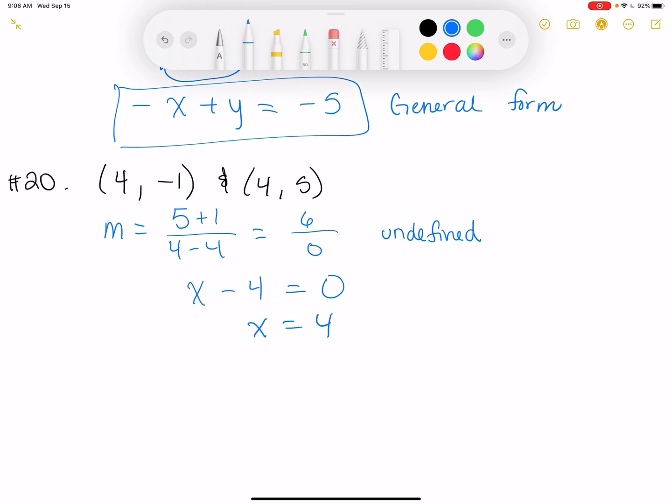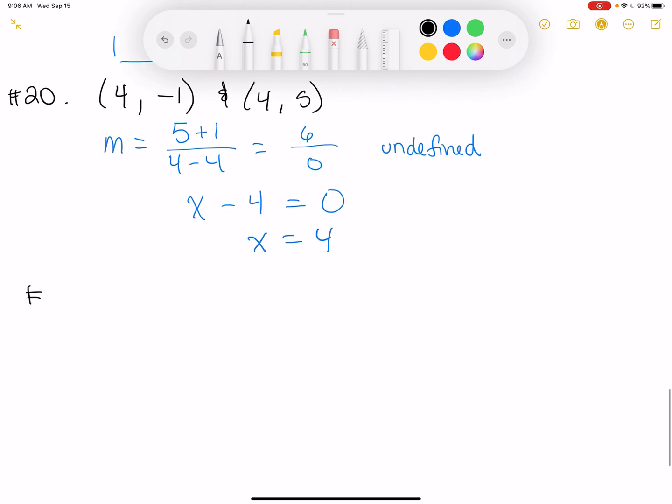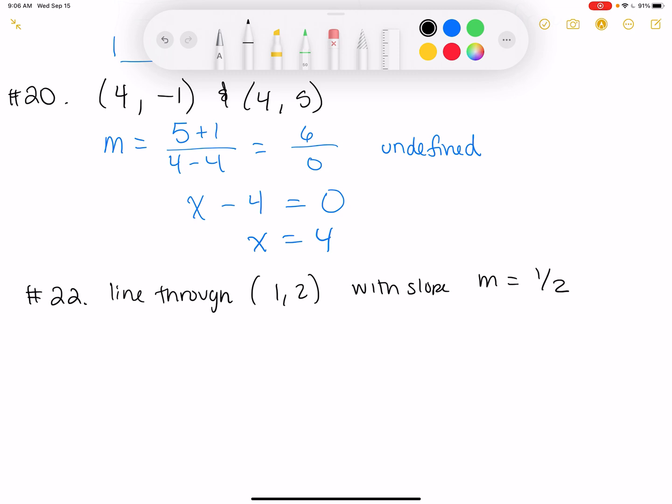All right, let's see. The next one's find the slope-intercept form of the equation for the line through (1, 2) with slope m equal to 1/2.